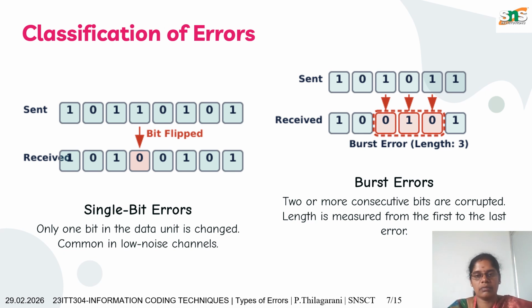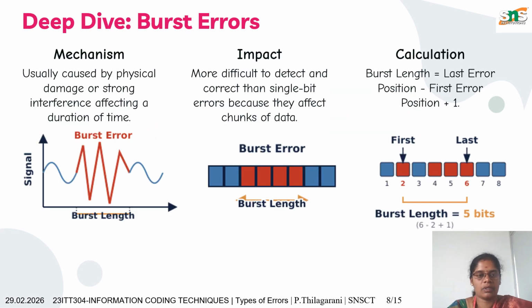Burst error means two or more consecutive bits are corrupted. Length is measured from the first to the last error. In the deep dive, burst error covers mechanism, impact and calculation. In mechanism, it is usually caused by physical damage or strong interference lasting for a duration of time.